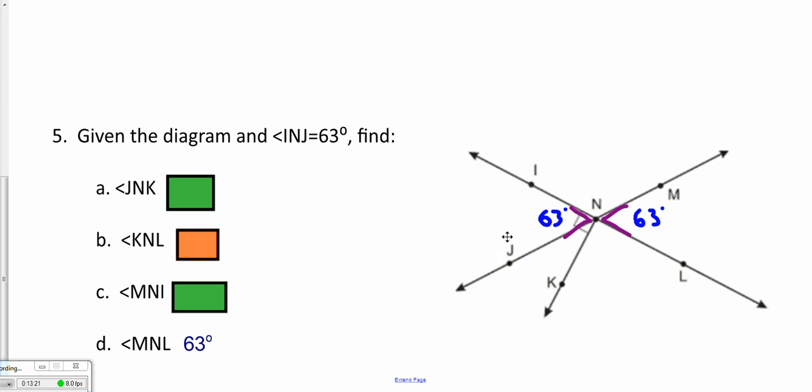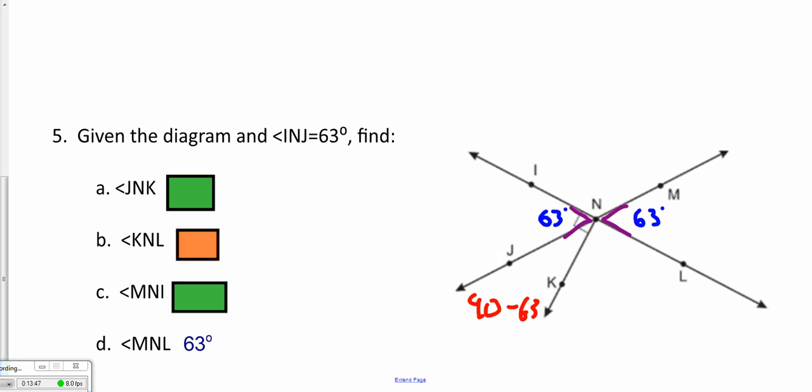Now, let's find some other pieces. There are a lot of ways you could go to solve this. I'm just choosing to use this little box. If this is a right angle, that means this whole thing is 90 degrees. If this whole thing is 90 degrees and this piece of it is 63, then I'd have to go 90 minus 63 to figure out this chunk.